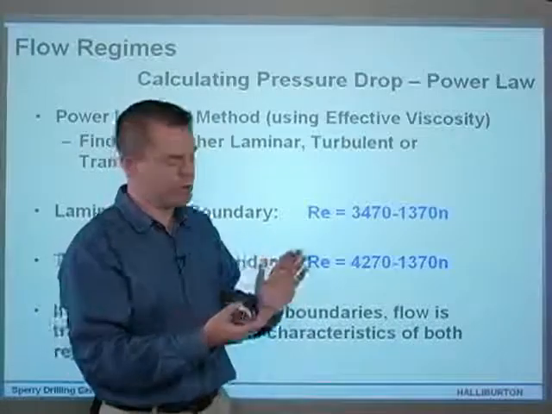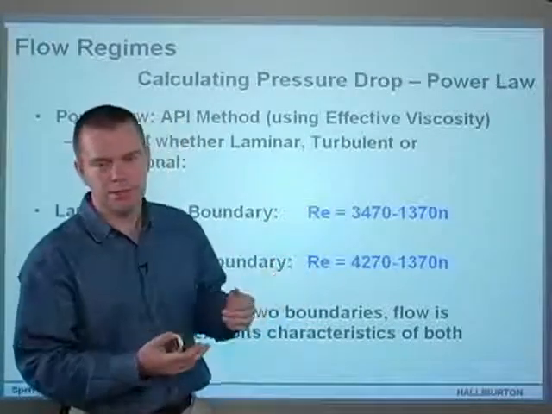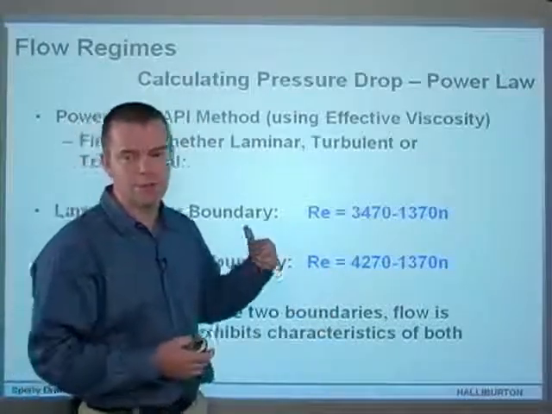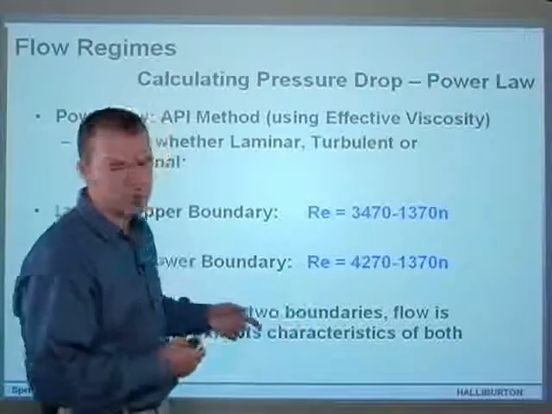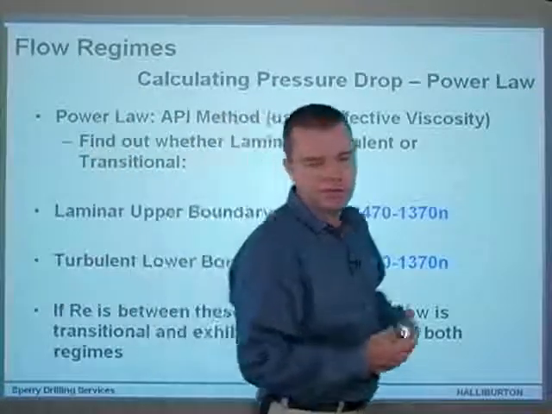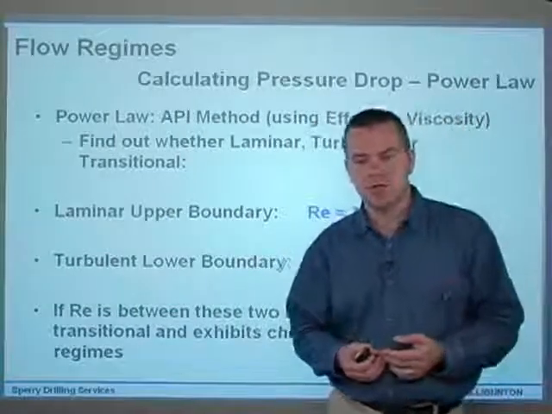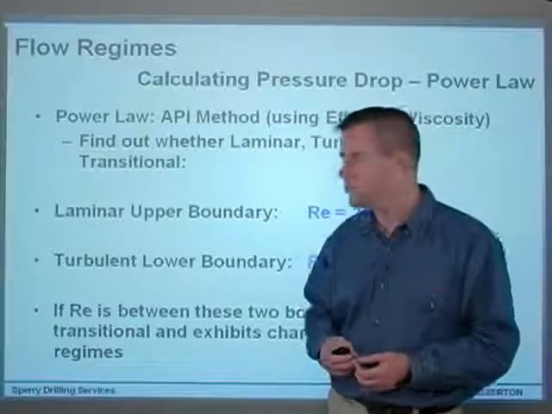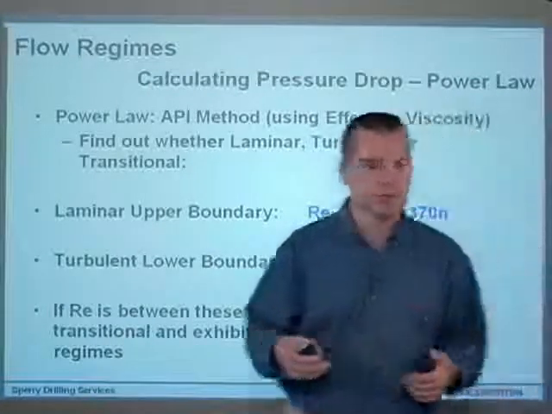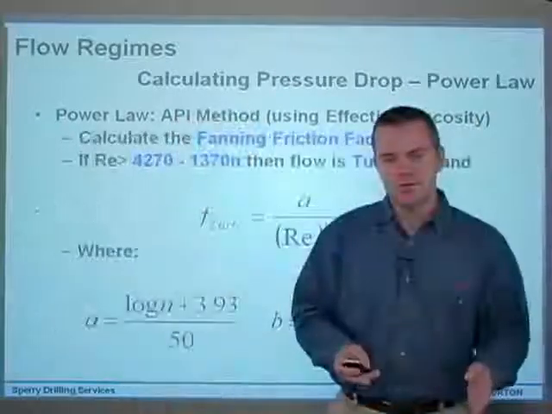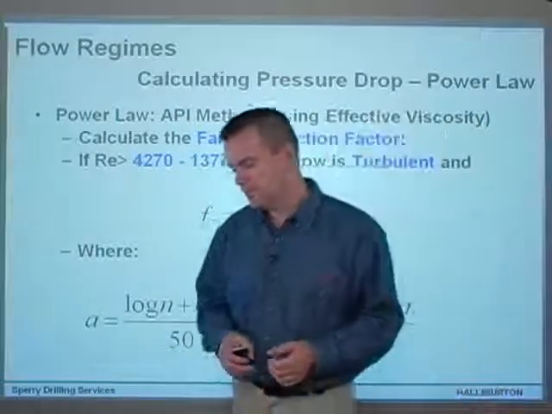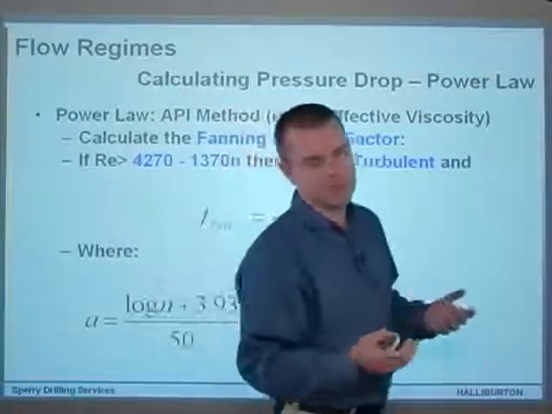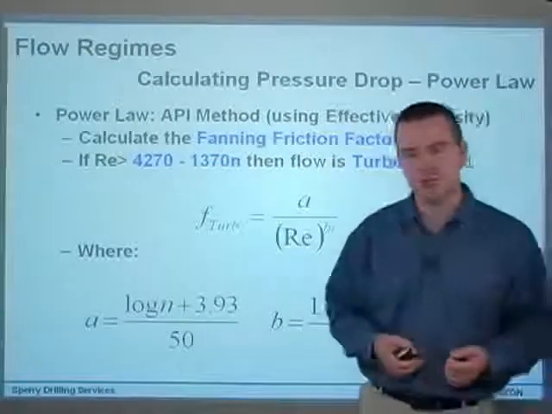Things get a little bit stranger, because laminar flow exists until a Reynolds number of now 3,333, and turbulence doesn't actually start until you get to 4,133. So if a fluid's quite non-Newtonian, it behaves significantly differently from a Newtonian fluid. And it's determined by how non-Newtonian it is, which is the N value. So once you know whether it's laminar, turbulent, or intermediate flow, you have to calculate another value called the Fanning friction factor.